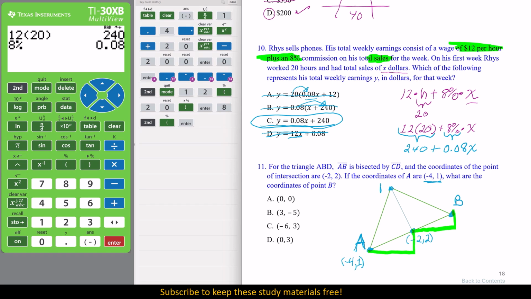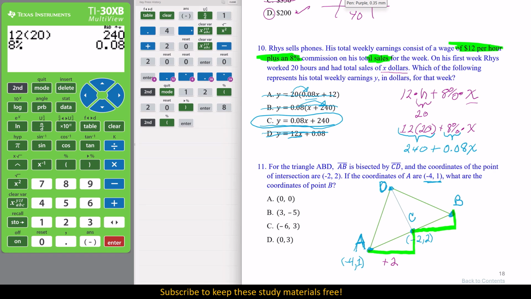This has to be D, and then this has to be C. That's a D, and that's a C. Regardless, we are going over plus 2.